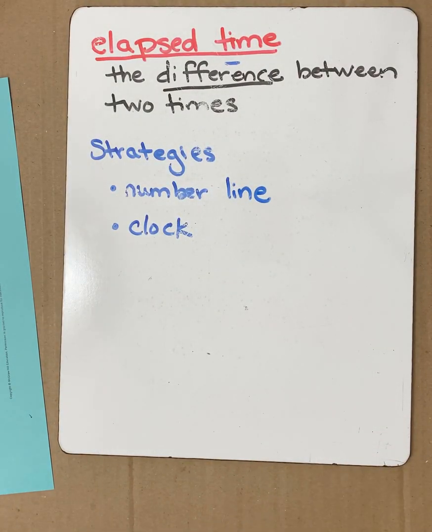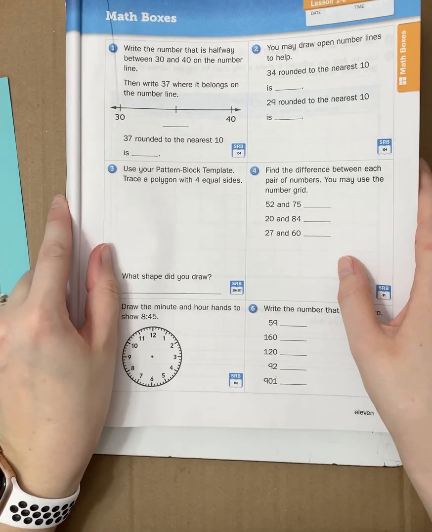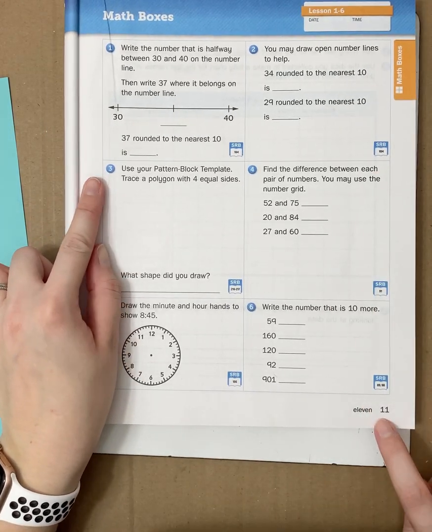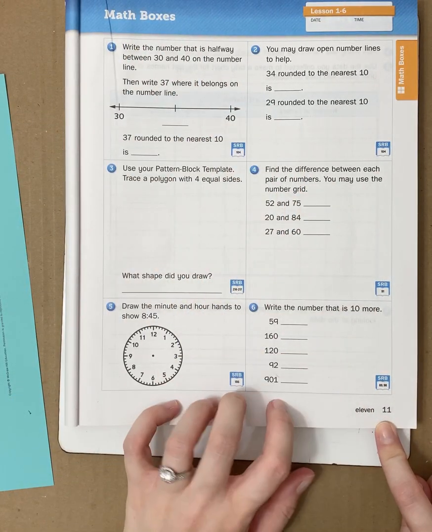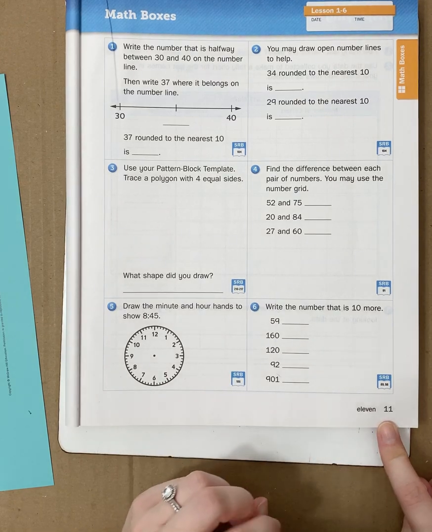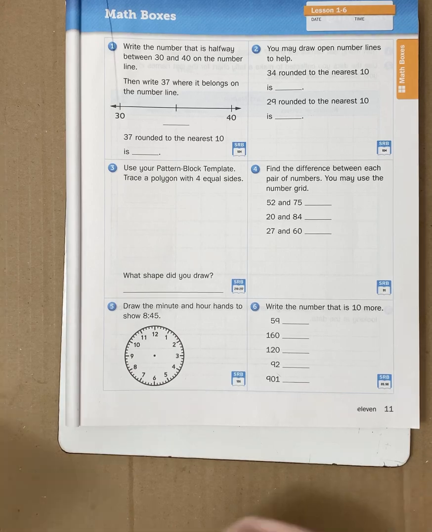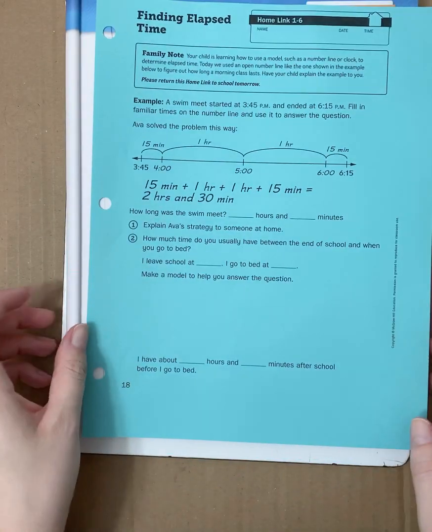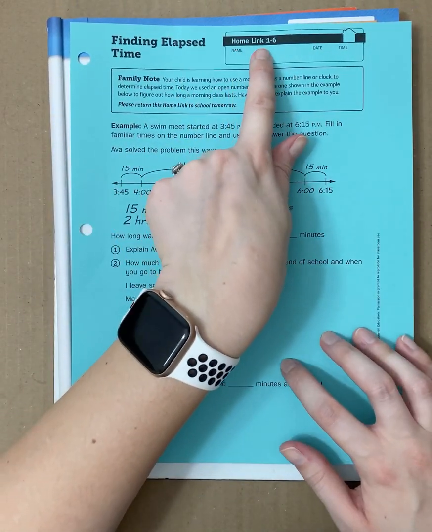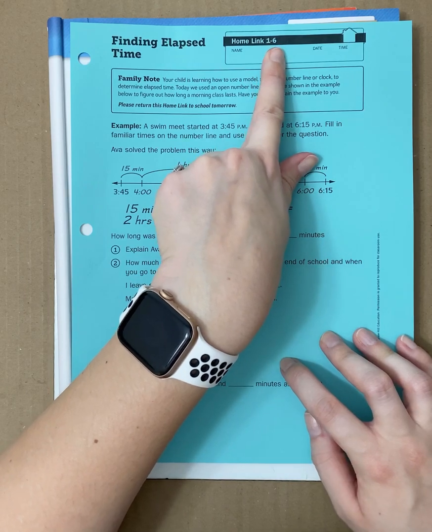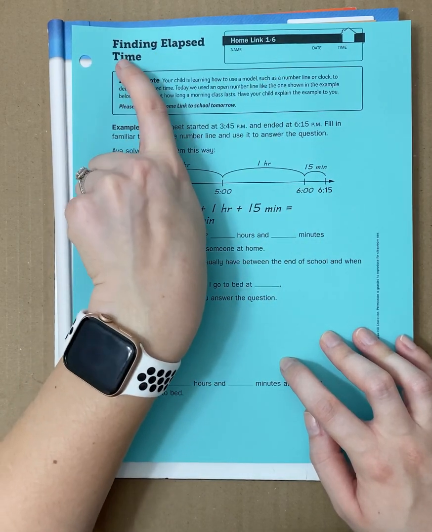In your math journal today, I want you to complete page 11 for some more math box practice. When you're done with your math boxes, I would like you to get out the blue home link today that says home link 1-6 at the top and says finding elapsed time.